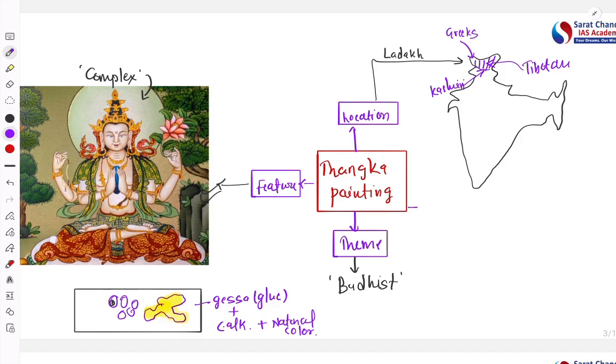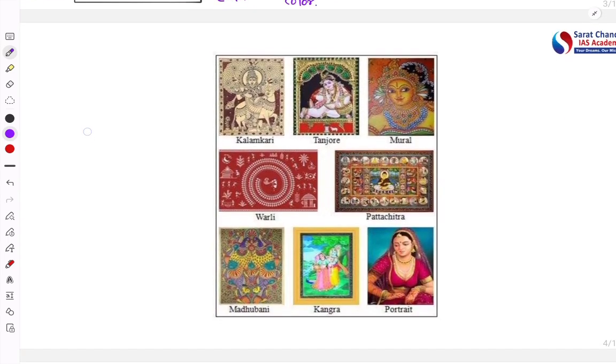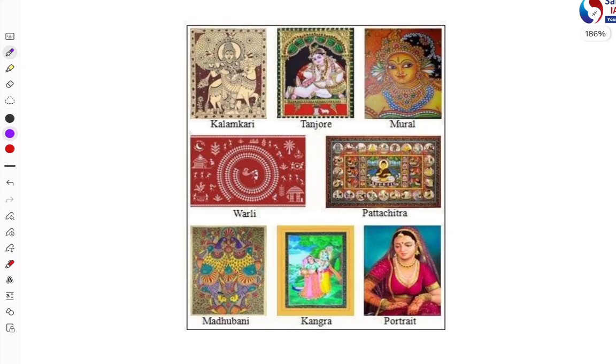As we have covered the Thangta painting, let us cover other significant paintings also. Kalamkari belongs to the state of Andhra Pradesh. Tanjore painting belongs to Tamil Nadu. Mural paintings are related to Buddhist painting, like the Ajanta Ellora mural paintings.